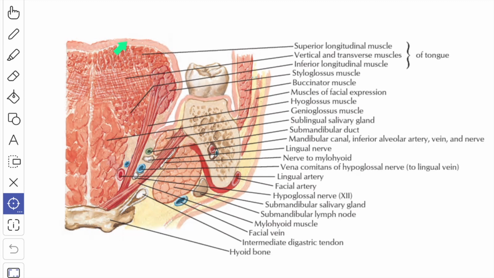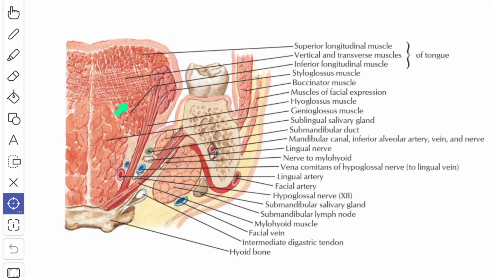It lies beneath the mucous membrane of the dorsal surface of the tongue. Both muscles arise from the posterior part of the median fibrous septum, diverge forwards and laterally and are inserted to the sides of the tongue.